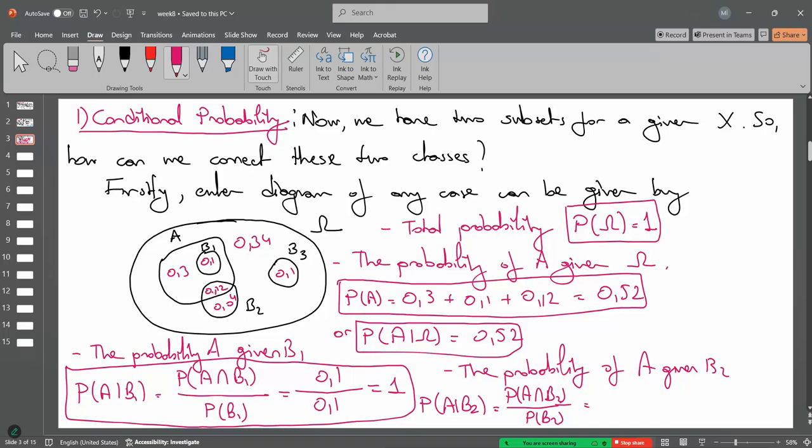A contains only 0.12 in here for a given A, and P(B2) is the collection of 0.15 plus 0.04. The total probability rate is calculated in here, and so this is equal to 0.75.